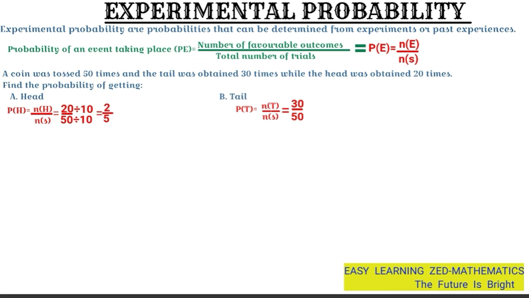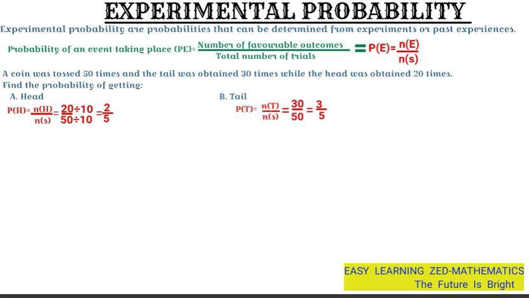So we're going to divide both by 10. 30 divided by 10 will give us 3. 50 divided by 10 will give us 5. So the probability of having a tail on top is 3 over 5. That's the probability of having the tail on top when you toss a coin.